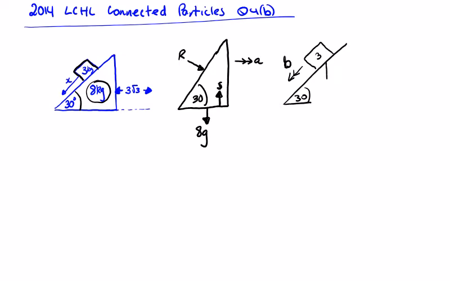We have our 3g, put the 30 in, cos 30. And we have our 3g sine 30 because it's opposite the 30. We have our R. And I think that's it. We don't need anything else until part 2. So let's look at part 2.